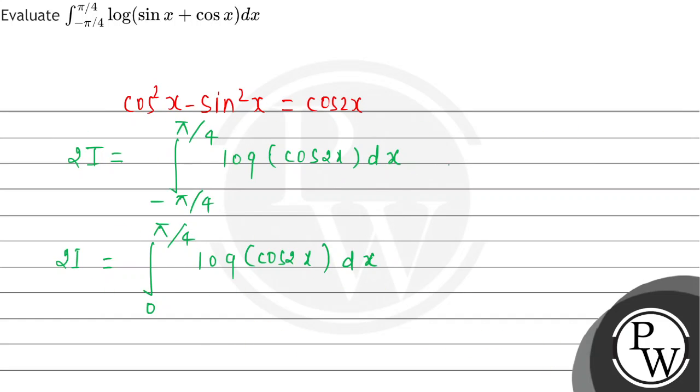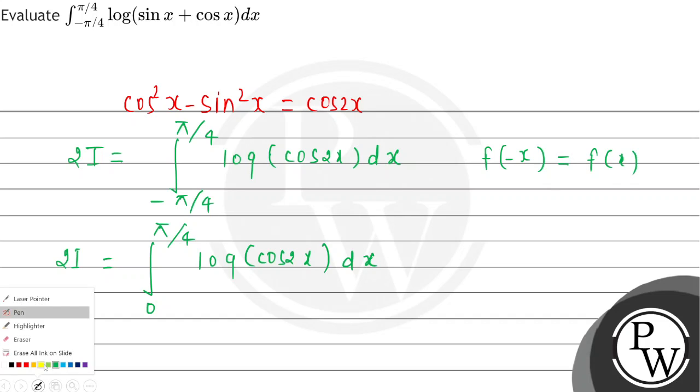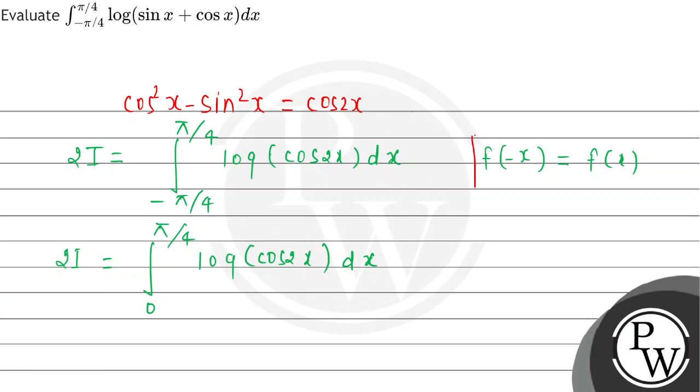First of all, here we need to understand that log of cos 2x is an even function. So f of minus x is equal to f of x. So we have checked that log of cos 2x is an even function.